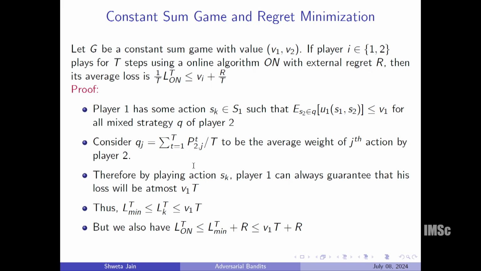Okay. So, interestingly, you have seen the proof of the min-max theorem. You can also prove the min-max theorem using this regret, by assuming that there is an algorithm which gives you sublinear regret.